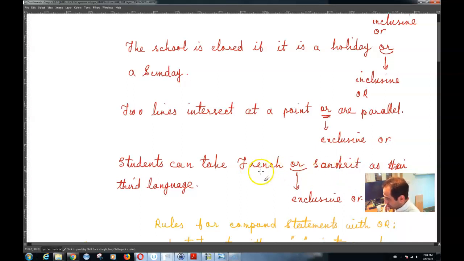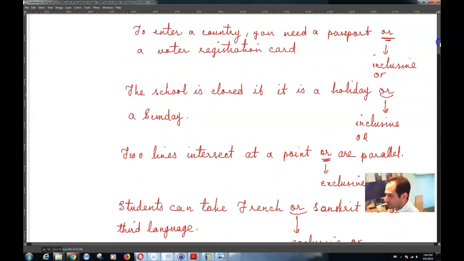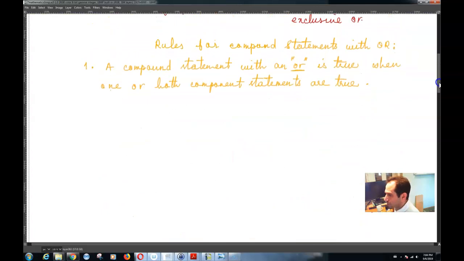Of course, both of them in this case are true, but that's not a good example to make the point here. But basically a compound statement with an OR is true when one or both component statements are true.